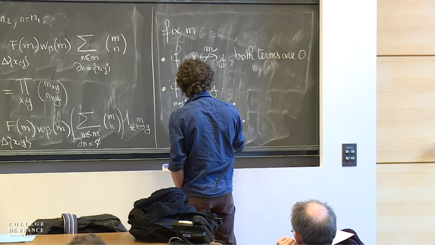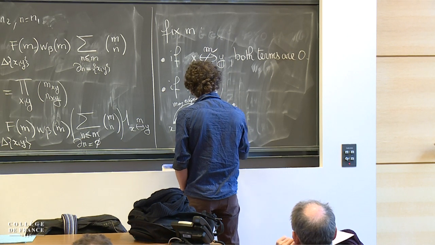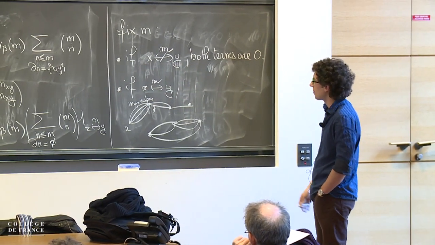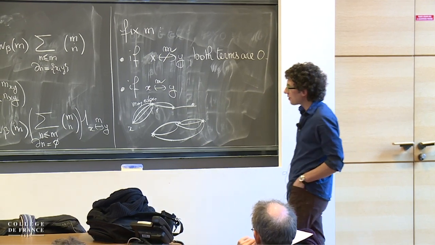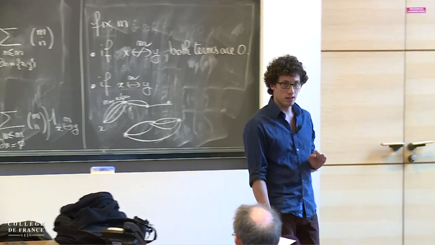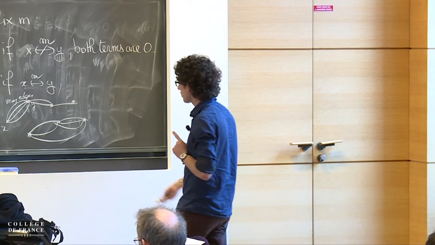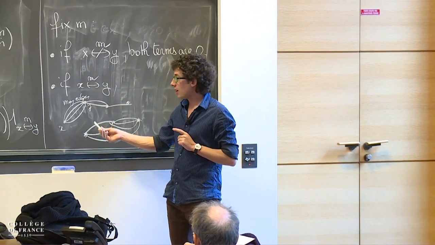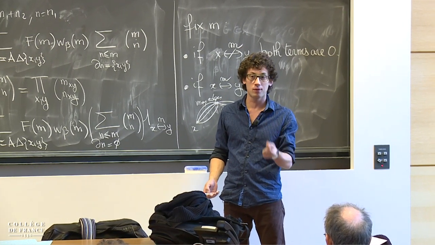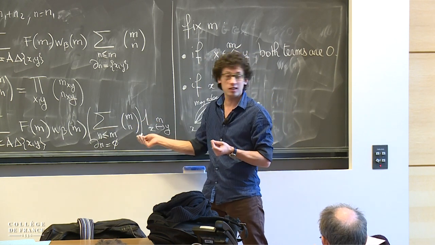So you have a graph like that. It may not be connected. And this is the graph associated to m. Now, what is this quantity, if you interpret it like that? Well, this is the number of subgraphs of this graph having no sources, in the sense that every vertex is of even degree. You can check, this is exactly this quantity.